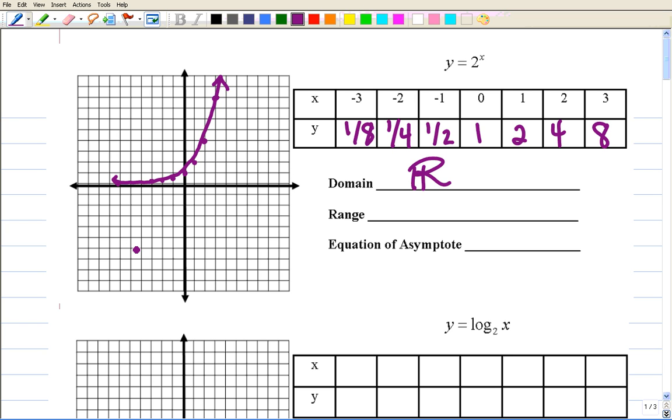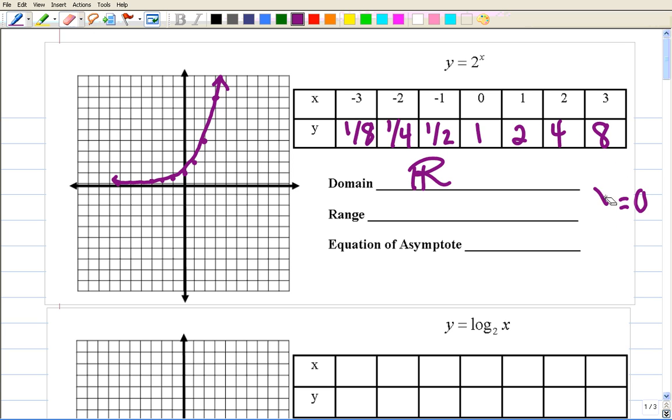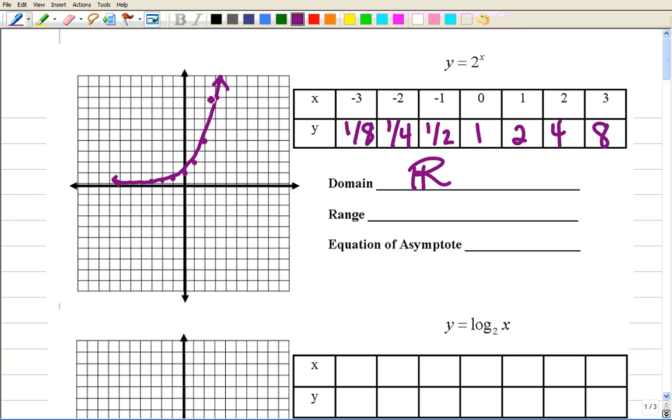You can't take something and divide it by 2 and get 0, unless, of course, that were 0 itself, but that's not what we're talking about here. We're just trying to figure out, is 2 divided by a certain number equal to 0? And that's not true. So all that's to say is that even though the y values will get really close to 0, they will not reach 0.